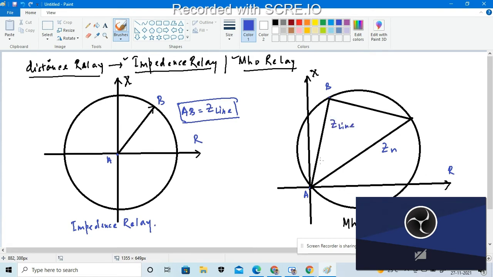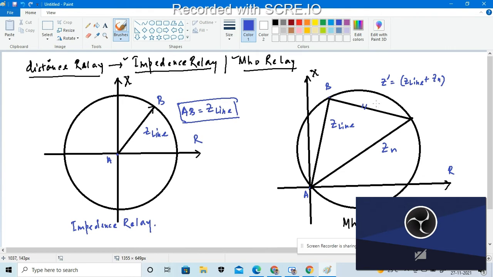Here also this is my Z line, and this will be the resultant value, Z dash, which is Z line plus Zn.